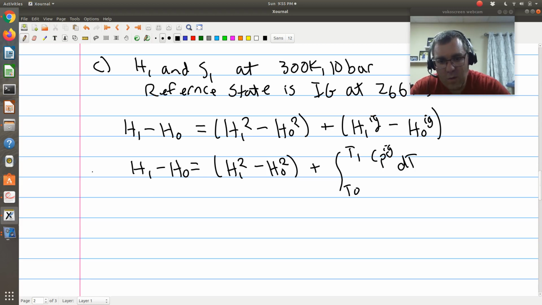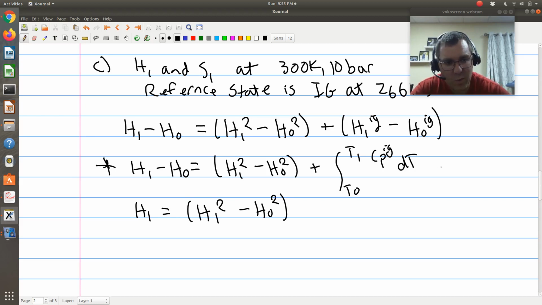So how we work this for the case of an ideal gas reference state is I'm going to again rearrange this as H1. The magic trick I'm going to do might seem a little confusing at first, but the key is I should be able to get to this point, or really the step above it, and that should make sense.